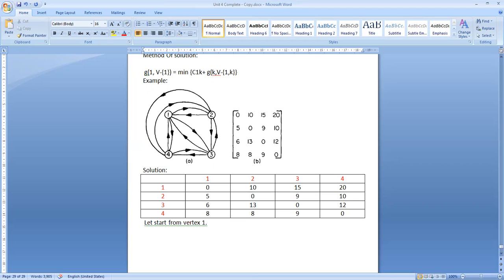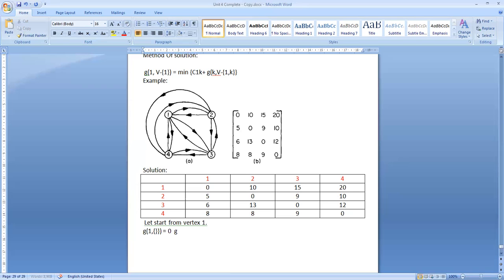So let me compute g of 1 comma phi, empty set, equal to 0. Starting at vertex 1, visiting none of the vertices and coming back to vertex 1, the cost is 0.